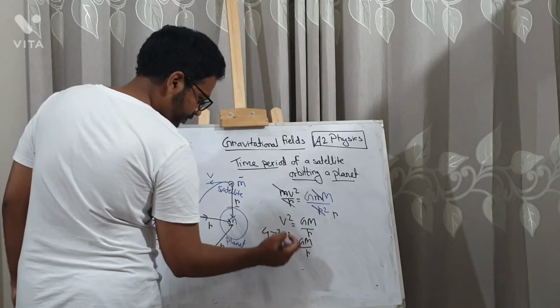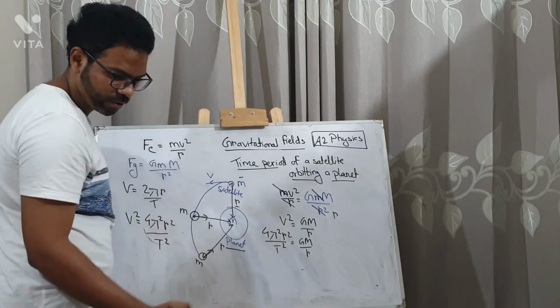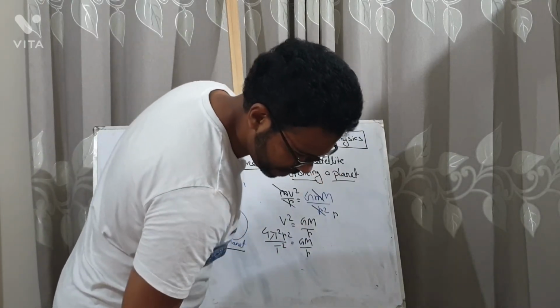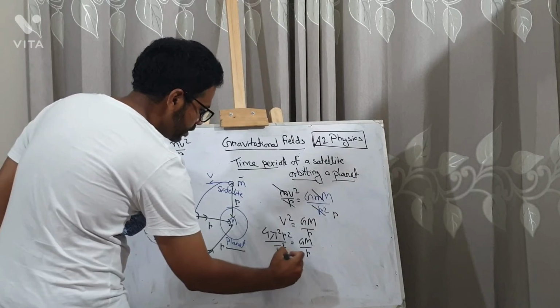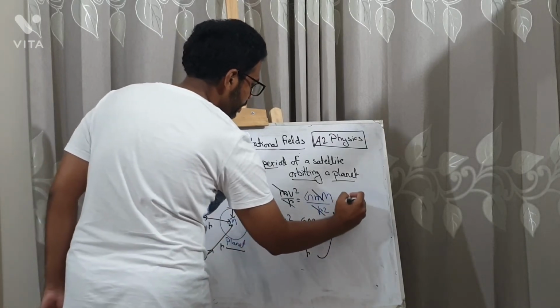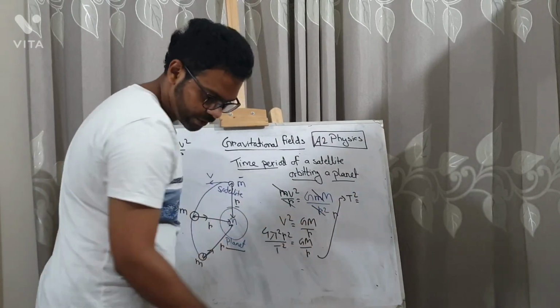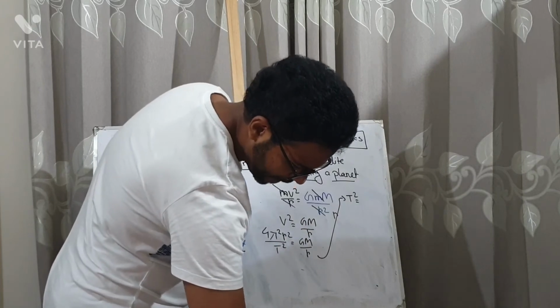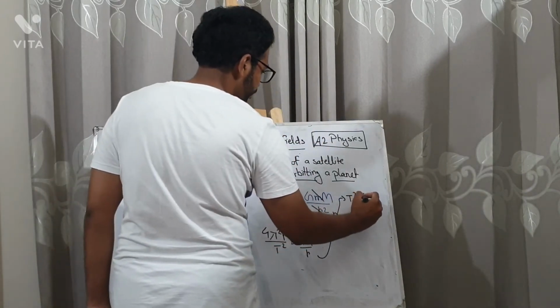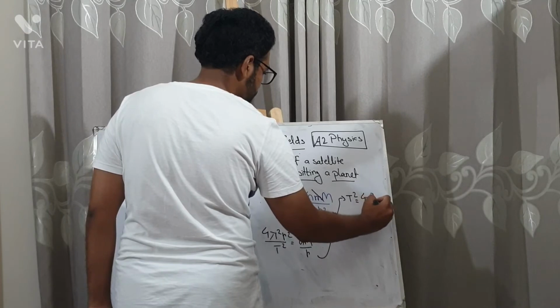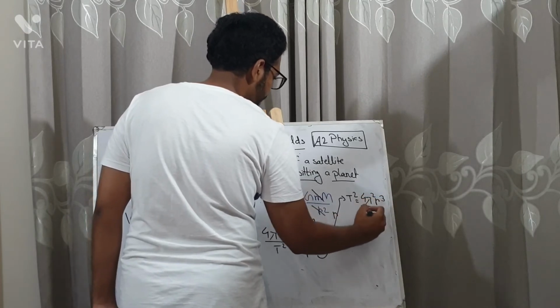If you make T squared the subject, you eventually come up with the equation: T squared is equal to 4 pi squared r cubed divided by GM.